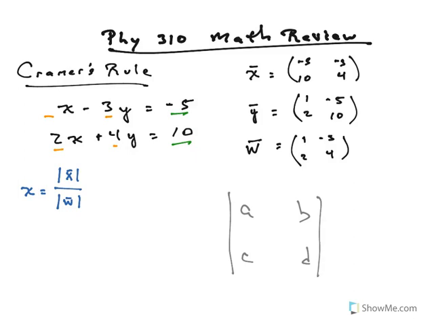So that makes it determinant. And the determinant becomes kind of, the way I think about it is cross multiply and subtract. So A times D, so I'm going down the diagonal, A times D, and I'm going to subtract the other diagonal, B times C. And you do this process, that gives you the value of the determinant for this matrix.